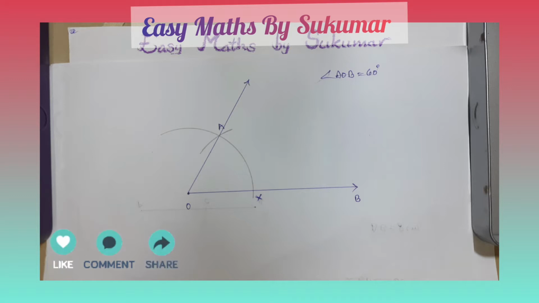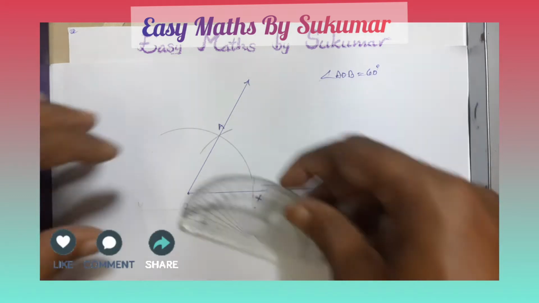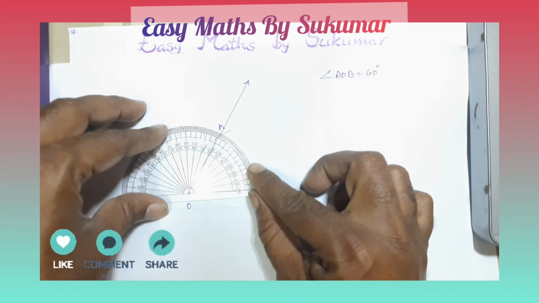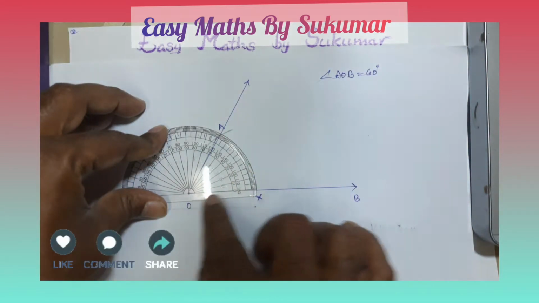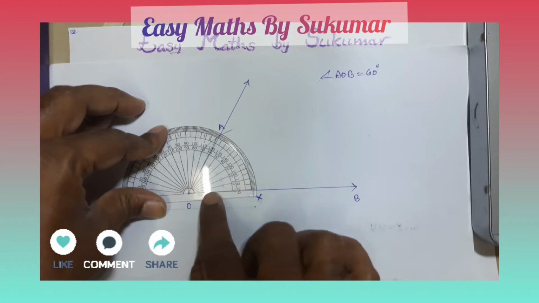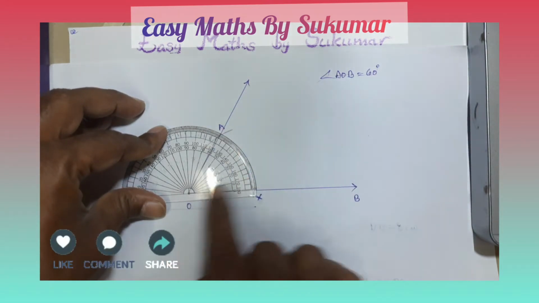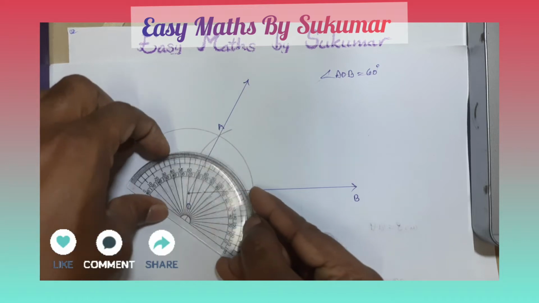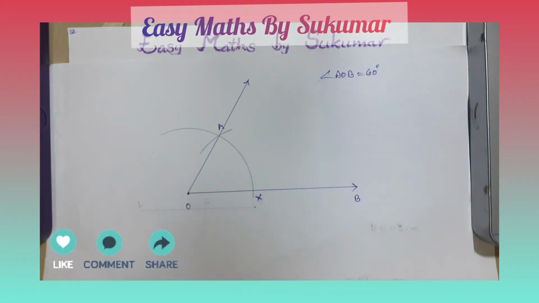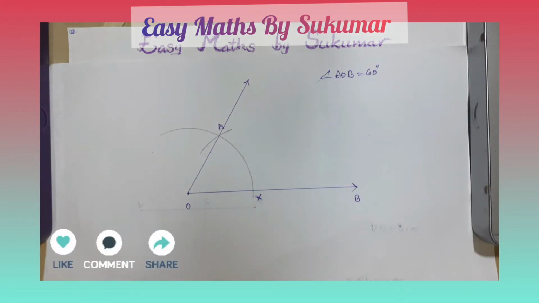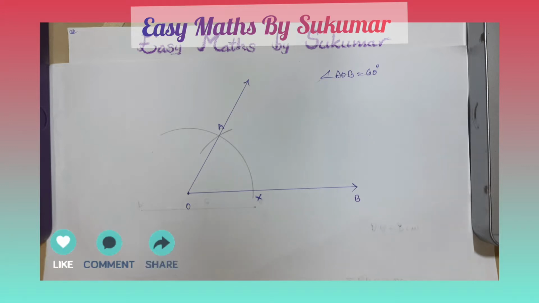Then you can verify by using this protractor also, right? Here this is 0, it should coincide with this 0 degrees. Here it is 60 degrees. So this angle AOB is 60 degrees. We construct this 60 degrees angle without the protractor.